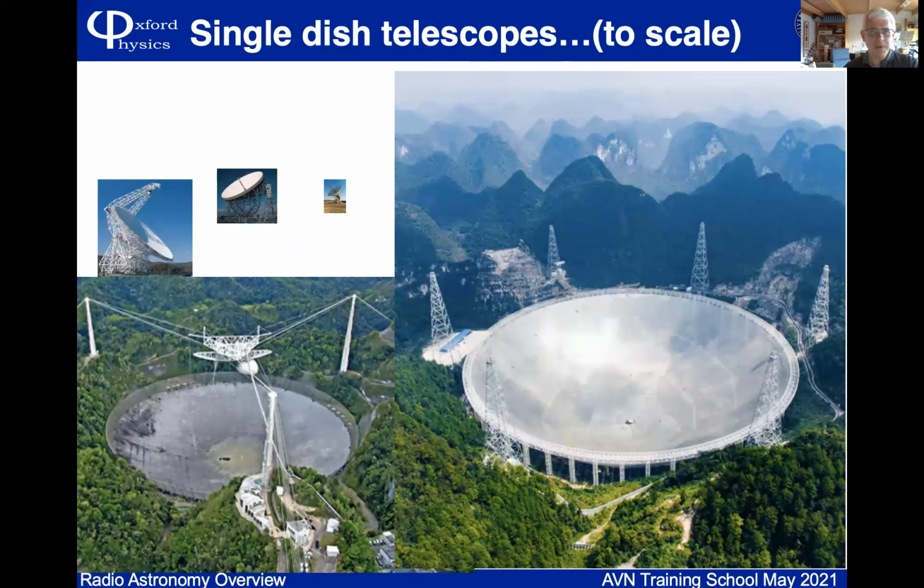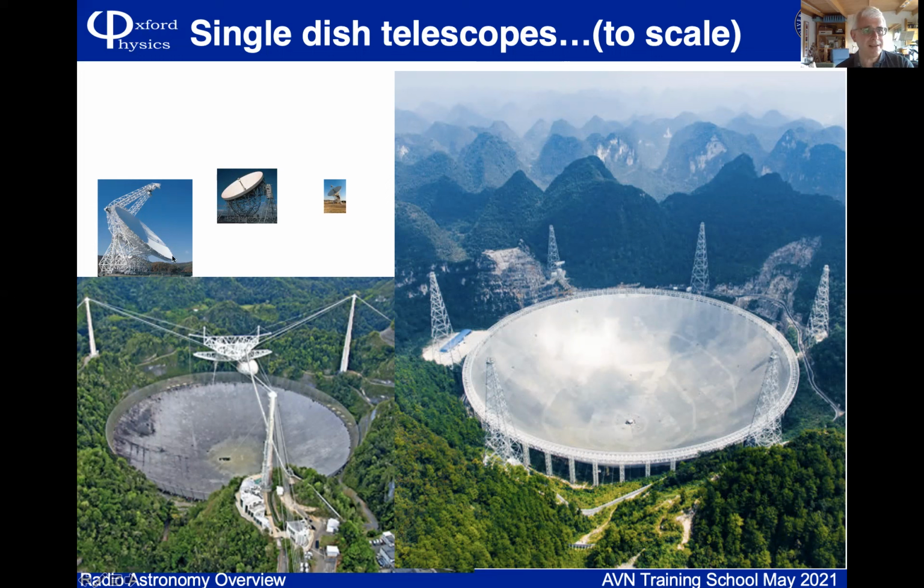So, just look at a few telescopes. These are some single dish telescopes, just to see the kind of range of things we're looking at. I've scaled these photographs, so they are pretty much to scale. This is the 26 meter telescope at Hartebeesthoek. This is the 76 meter telescope at Jodrell Bank.